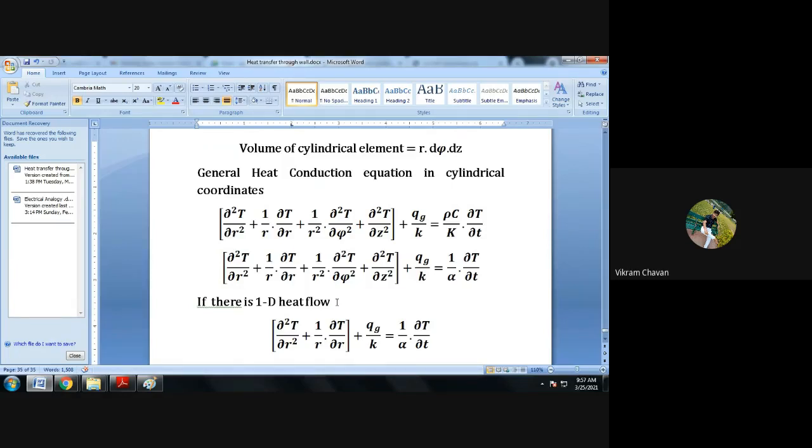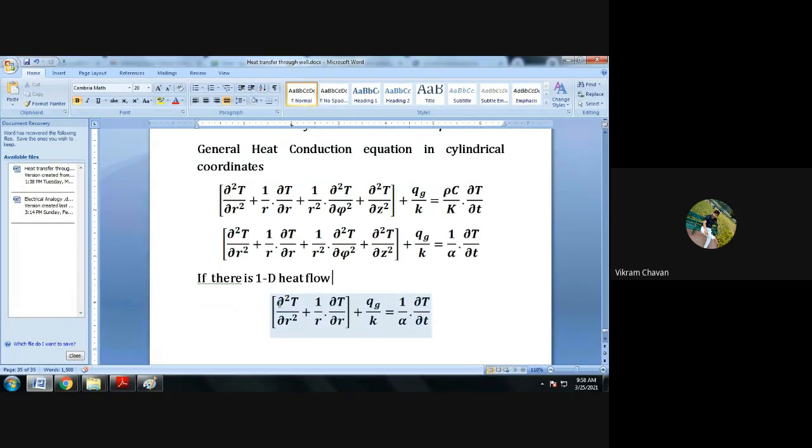So we have to eliminate the temperature change with respect to phi and with respect to z from the general heat conduction equation. So we will get the equation for one-dimensional heat flow in the r coordinate.